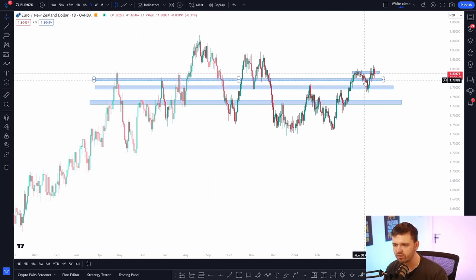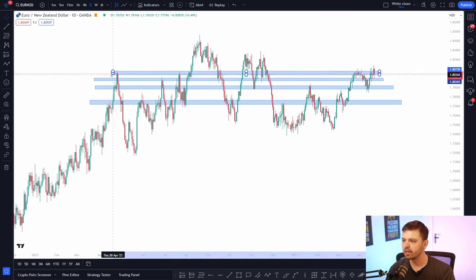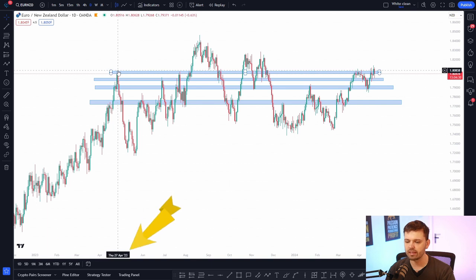So that's definitely a level that's been in play for a long time. Same thing with this level we've added on the lower time frames. This level has also been in play for a very long time, all the way back in April 20, so a year ago, when this level got tested right here.